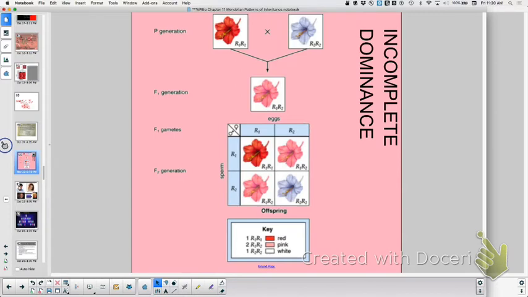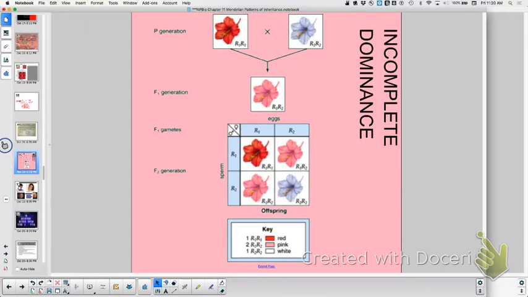Look what's going on here. We're crossing 2 hybrids. Okay? R1 is red, R2 is white, and R1 R2 heterozygote is pink. I'm crossing 2 pink flowers. Look, I have 1 R1 R1, 2 R1 R2, 1 R2 R2, right? So what do you give me for your genotype and phenotype ratios?